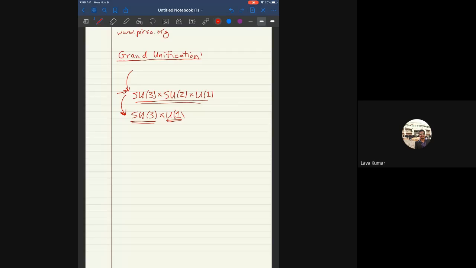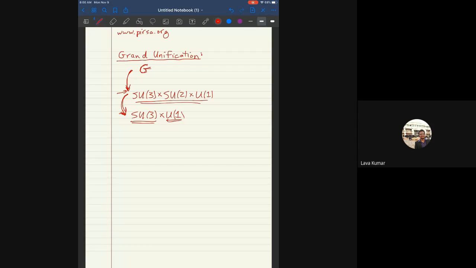Just like the Standard Model gauge group breaks down to a subgroup at low energies, maybe the Standard Model gauge group is itself the breaking of an even larger group G. And people began to look for larger groups G that could successfully contain the Standard Model.